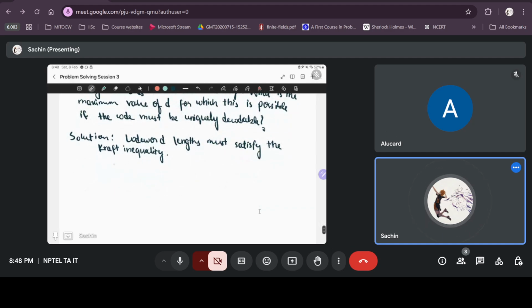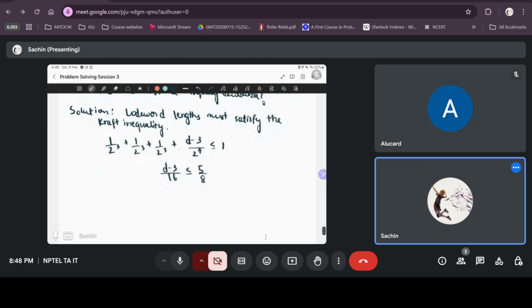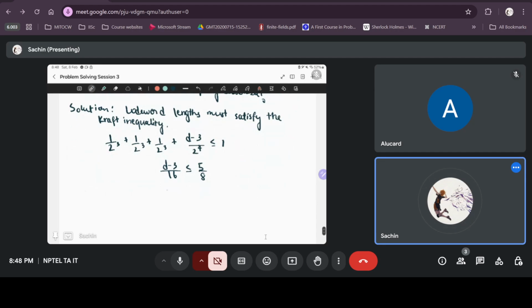Therefore, the first three code words have length 3 and the remaining code words have length 4. That should mean that (D minus 3) by 16 is less than or equal to 5 by 8, or D is less than or equal to 13.